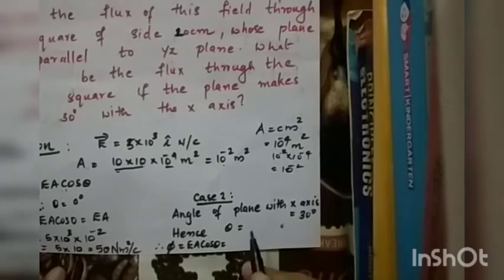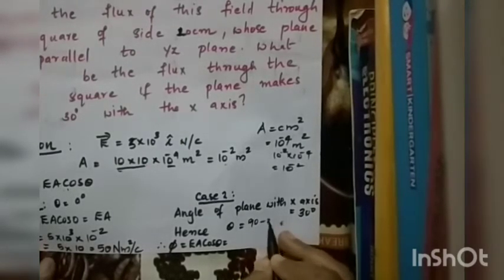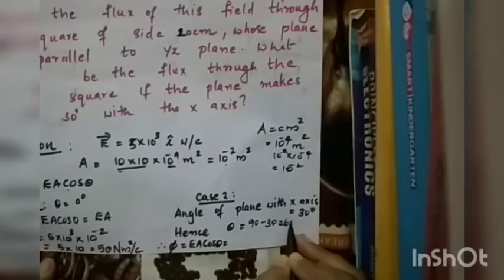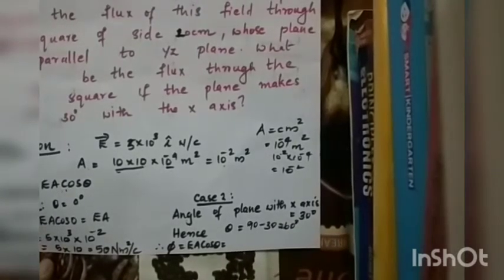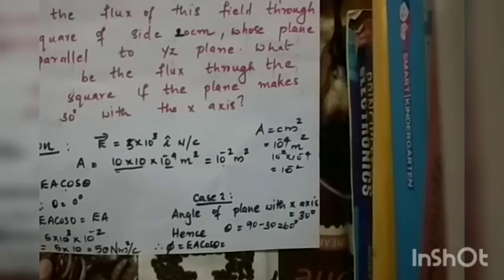So what will be theta? Theta is not 30 degree. Theta will be 90 minus 30, that is 60 degree. Because if the plane makes an angle 30 degree with the x-axis, the area vector will make an angle 90 minus 30, that is 60 degree with the x-axis. So this is the method.